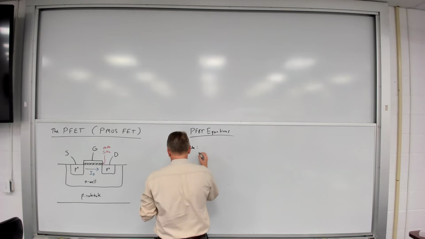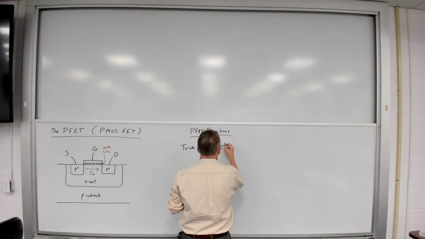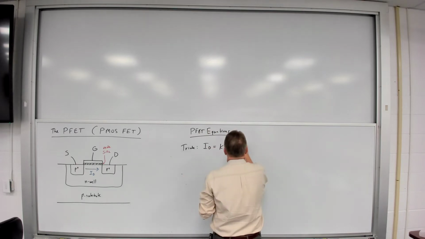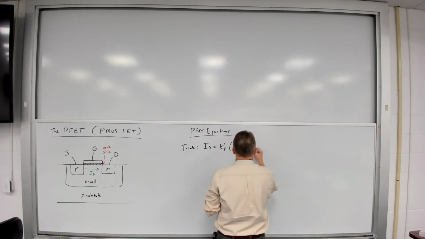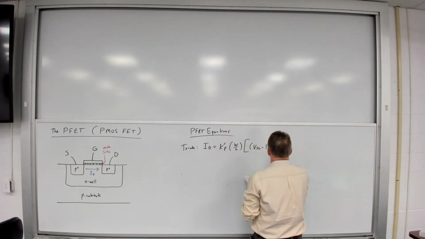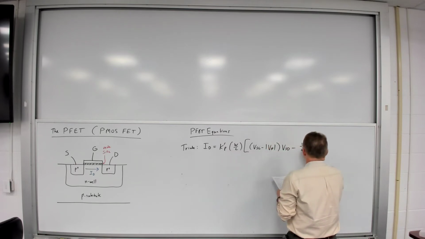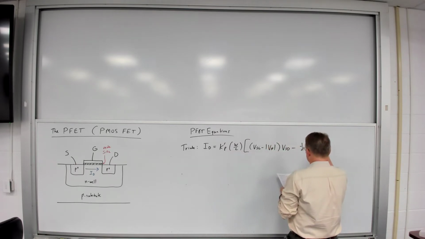In the triode region, ID is equal to K prime P times W over L times VSG minus the magnitude of V sub T, times VSD minus 1/2 VSD squared.